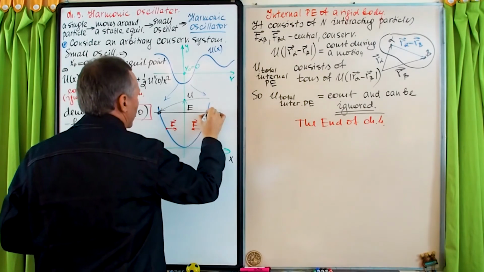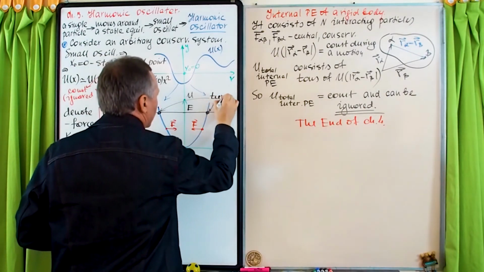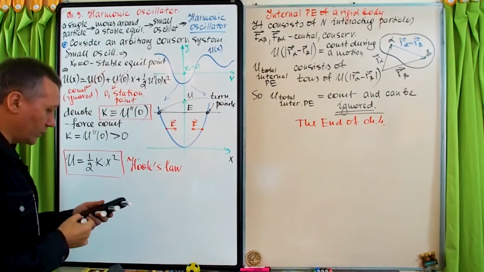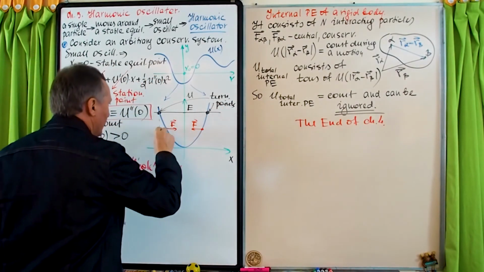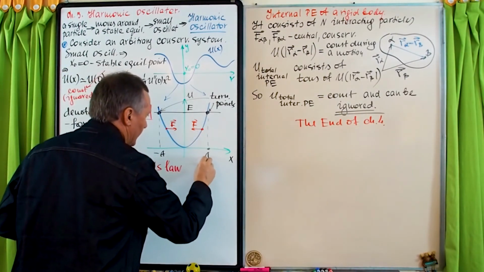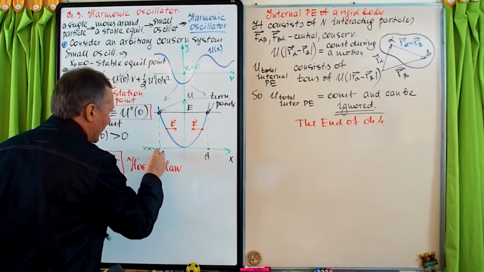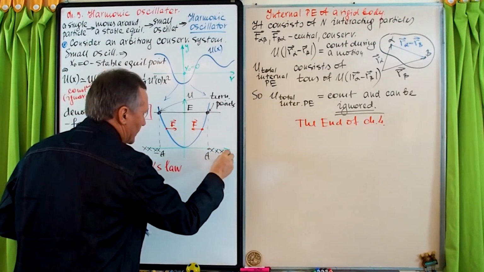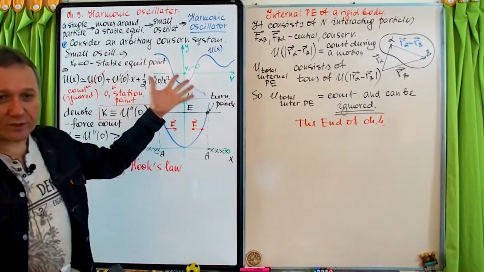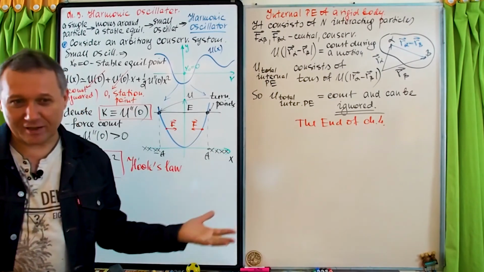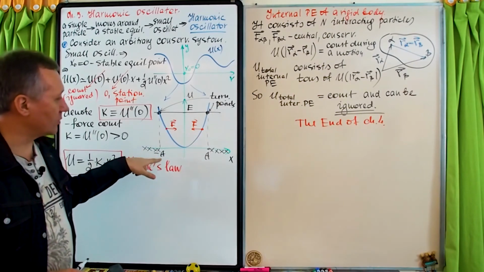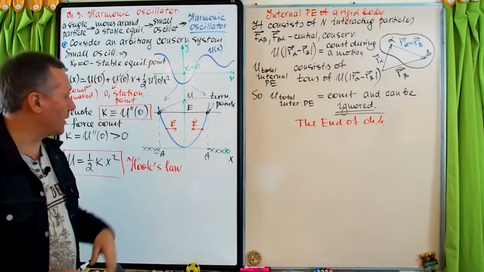So the area of existence is only between minus A, which is the amplitude, and A. Over here the system cannot be, because in this case potential energy would be larger than total mechanical energy, which means kinetic energy is negative, which is of course impossible. So the system can oscillate between minus A and A.